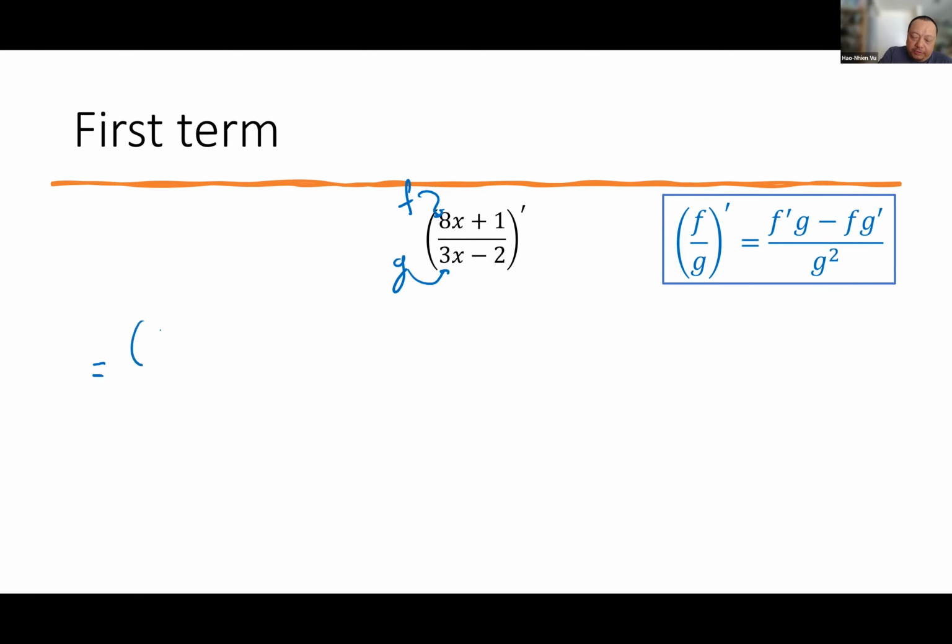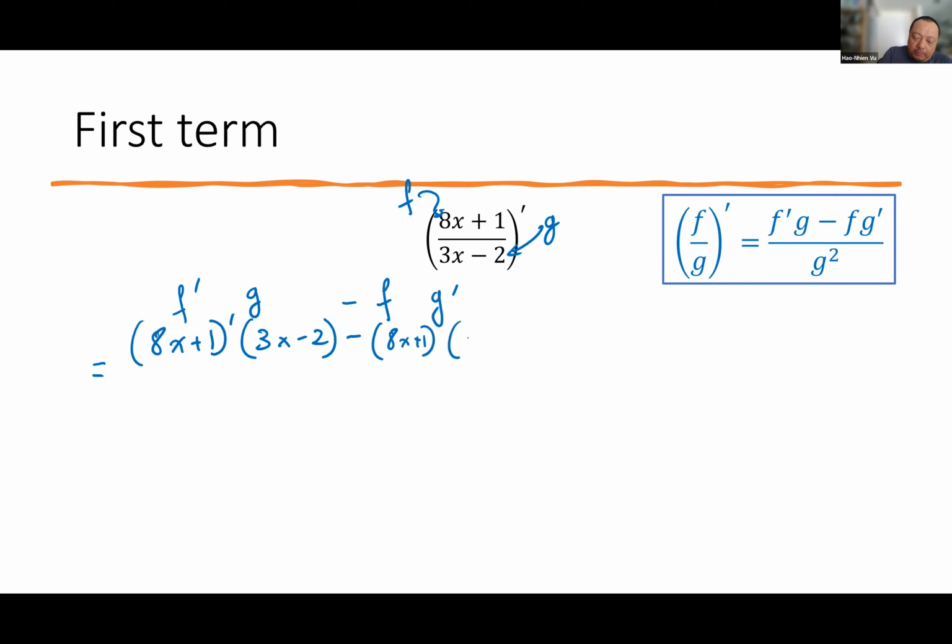I need the derivative of f, that's (8x plus 1) prime, times g. Then I need minus f times g prime, that's (3x minus 2) prime. The whole thing divided by g squared. g squared is (3x minus 2) squared, like that.